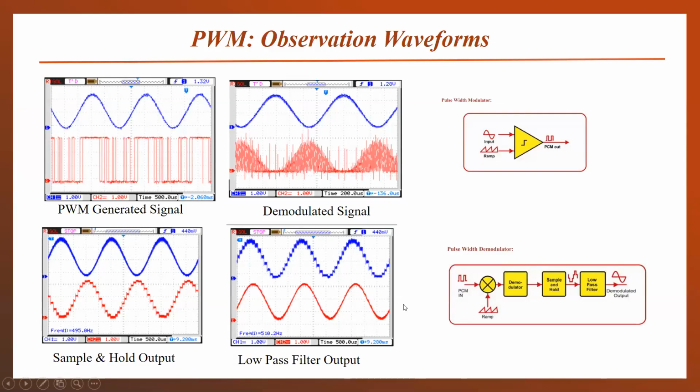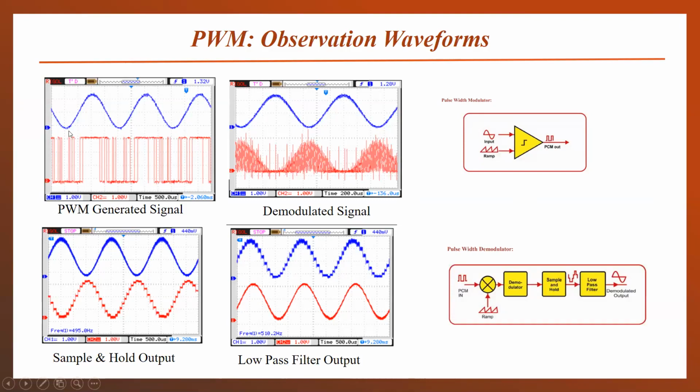And then this sample and hold circuit output, shown in the form of the blue signal, is provided to a low pass filter, and the last red color signal is the low pass filter output, which is similar to our transmitted message signal. There is some delay in the message signal.